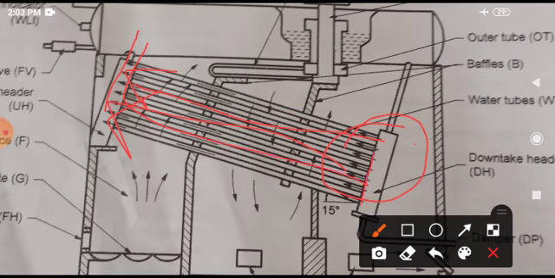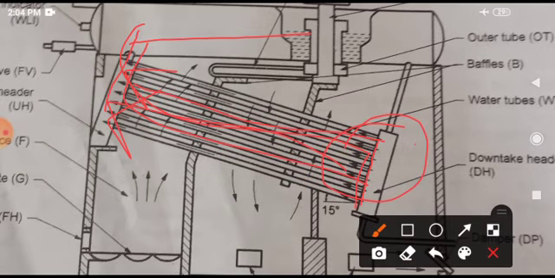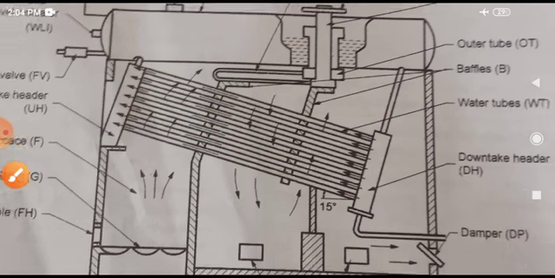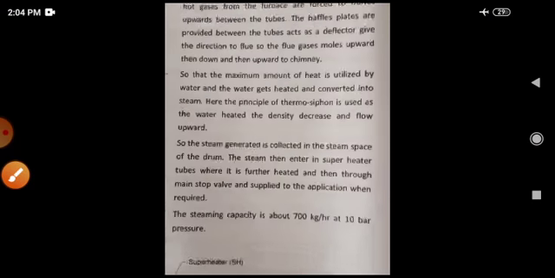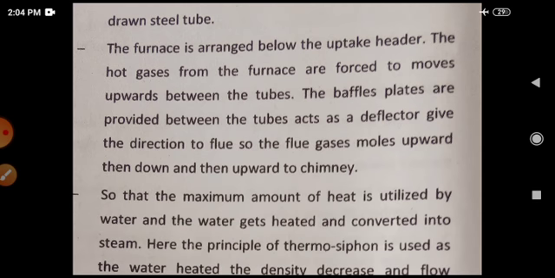Then again it is heated, its temperature rises, and again it goes to the same tank, but you can see there are two layers, one for steam and another for water. From there, by proper provision, the steam is taken from the boiler.